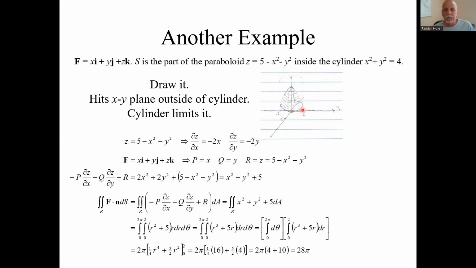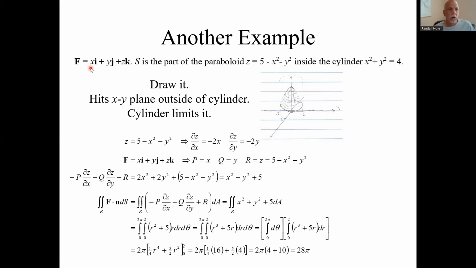It comes out to a radius of 2. That's the important part, which means: what is the shadow of this, or what's going to be the region of integration? It's going to be this surface's shadow on the xy plane, which will be a circle of radius 2. But anyway, let's go through. Here's our surface.